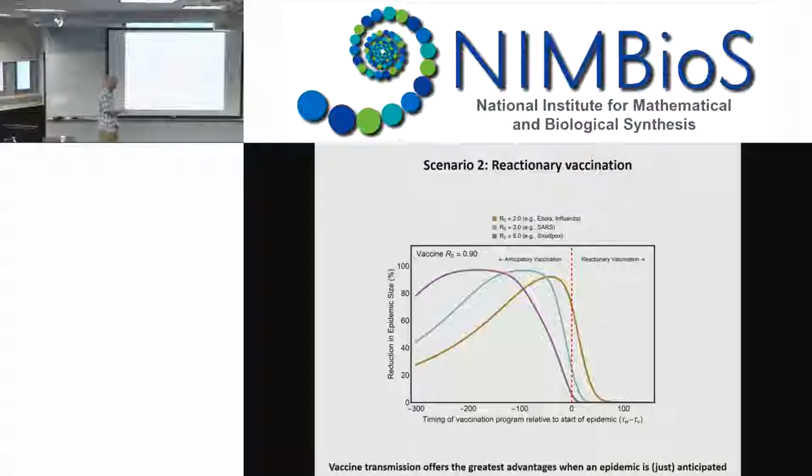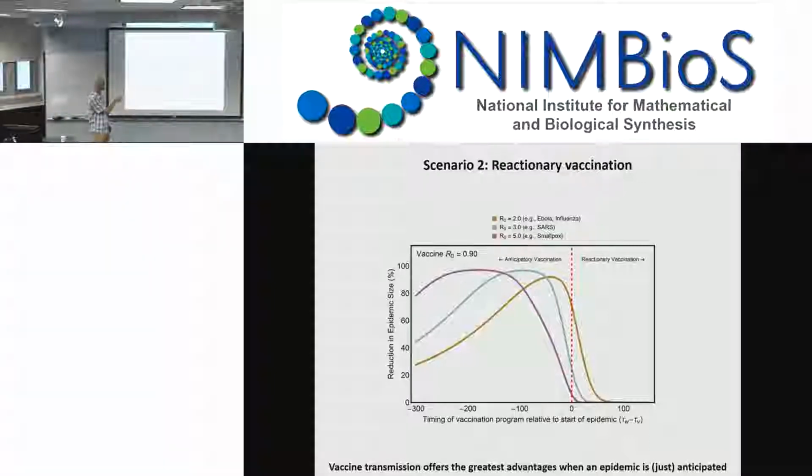So the way to read this graph is the x-axis tells you when you started vaccinating relative to the start of the epidemic. Negative values mean you were able to anticipate this epidemic and you started some number of days in advance. 0 means you started on the day of the epidemic, and to the right means you're late. You see the epidemic and you react to it. You don't plan ahead.